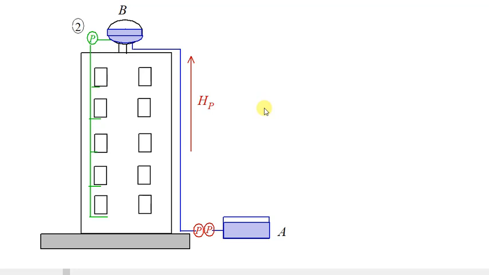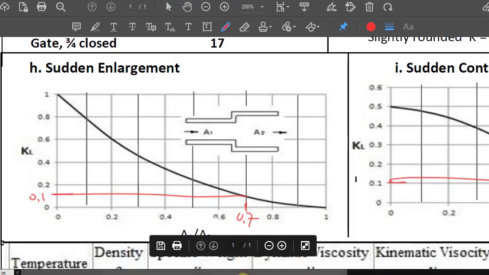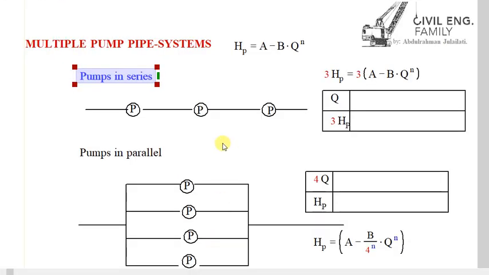In parallel, if you need to put pumps in parallel, that means you are increasing the discharge, not the head of the pump. We are increasing the quantity of water. Okay, so pumps connected in parallel will increase the discharge.